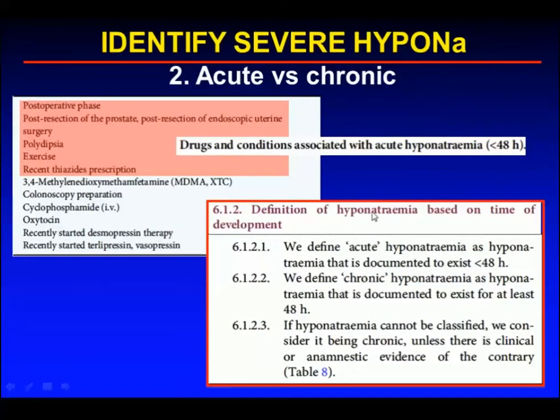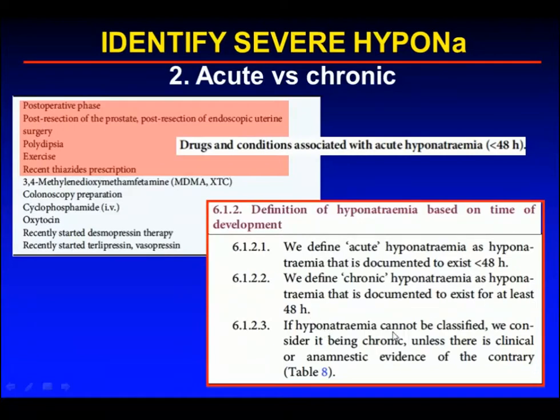The second definition is acute versus chronic. So this is a definition based on time of development. We define acute hyponatremia as hyponatremia that is documented to exist less than 2 days. And we define chronic hyponatremia as hyponatremia that is documented to exist for at least 2 days.